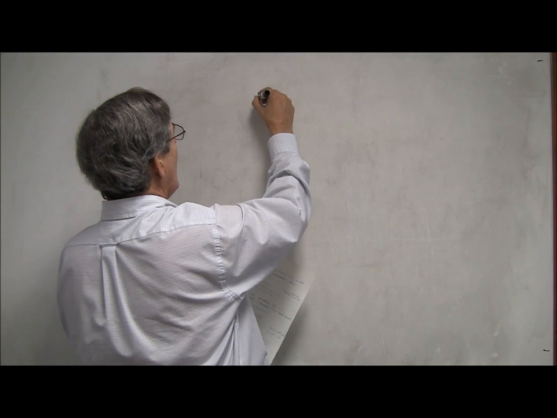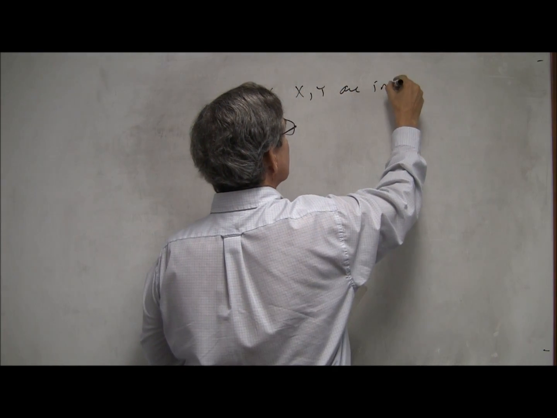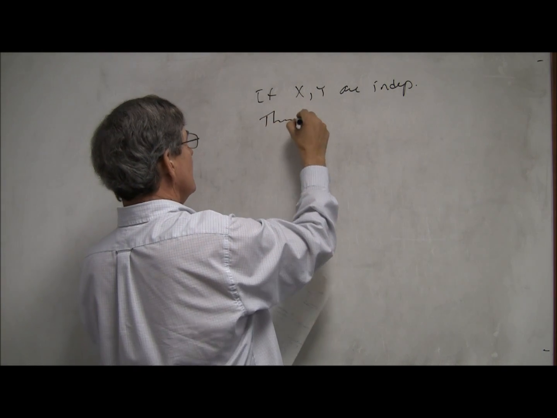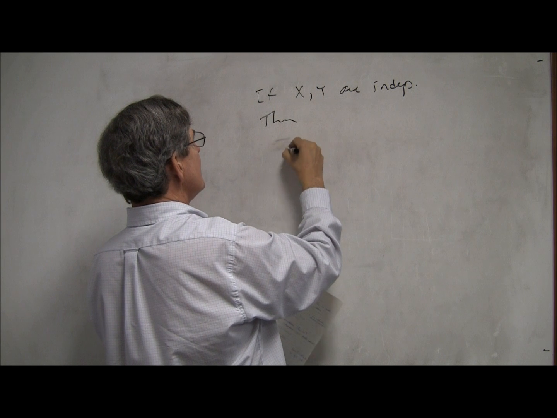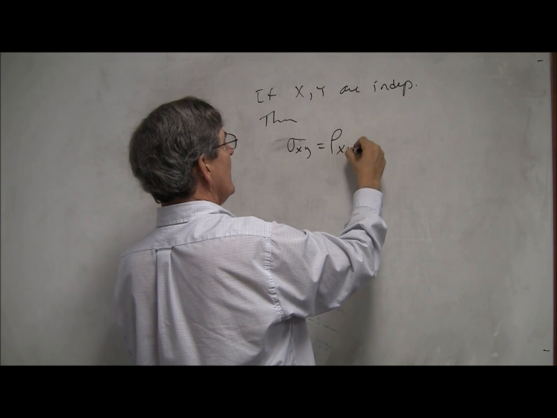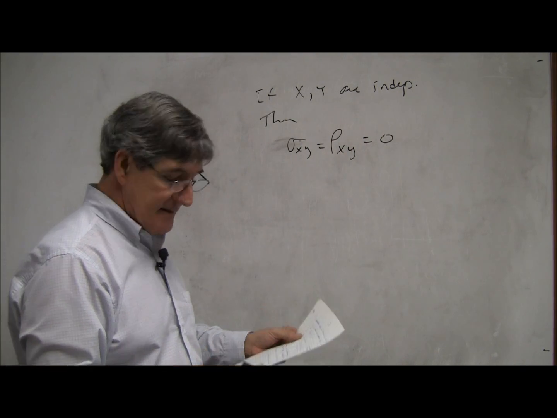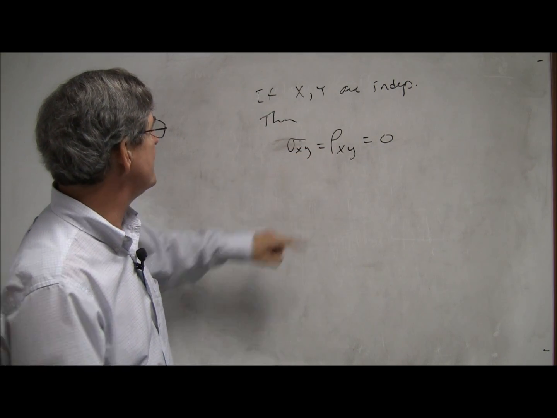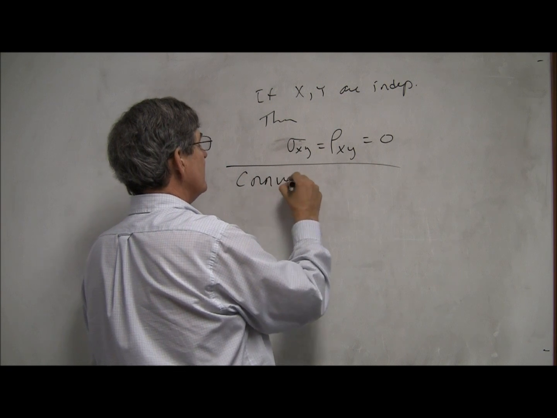If x and y are independent, then the covariance, sigma xy, is equal to the correlation, rho xy, and both are 0. So it's always the case that if they're independent, then this is true. The converse is not always true.